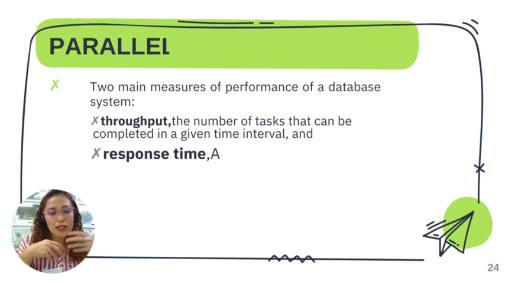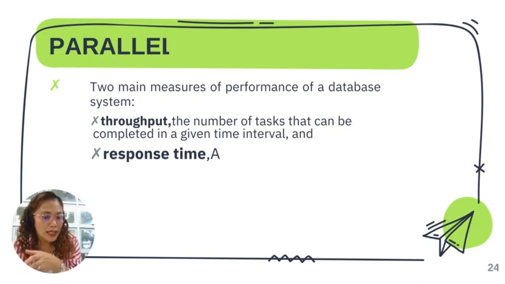Okay, so I'll just repeat. When you say throughput, the number of tasks that can be completed in a given time frame or time interval. That's throughput. When you say response time, the amount of time it takes to complete a single task, meaning how much time did task number one need for it to be completed?